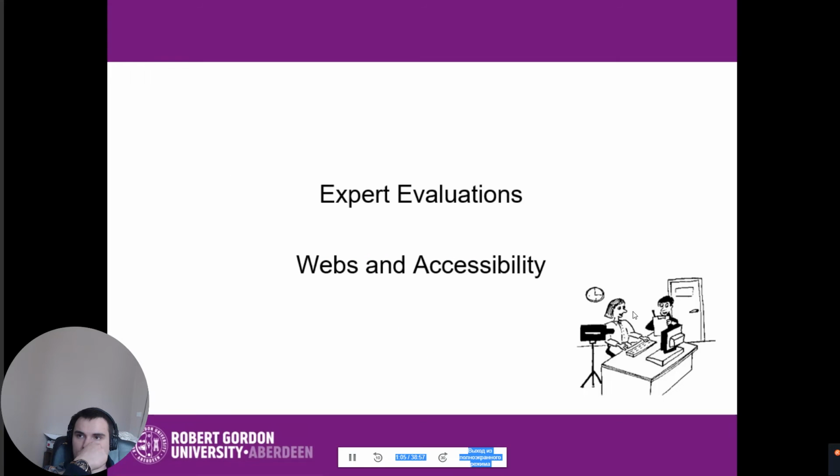Now, when it comes to the type of evaluations you do, remember that we're talking about formative and summative evaluations. Formative is the process that occurs during the development of a system, which takes multiple methods. Some of you have done qualitative evaluation methods.